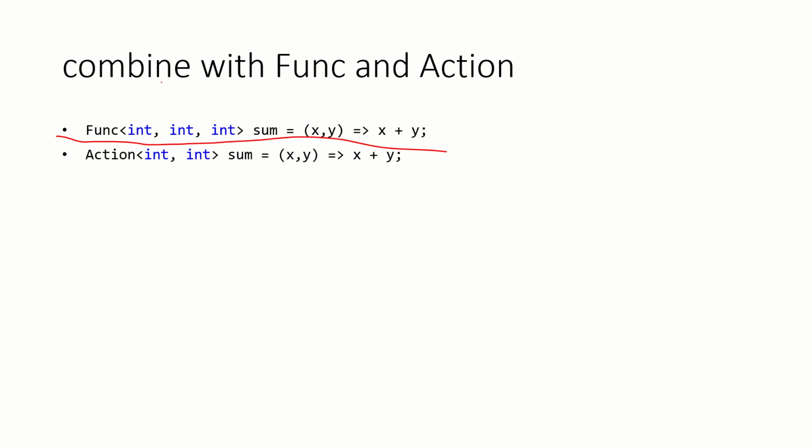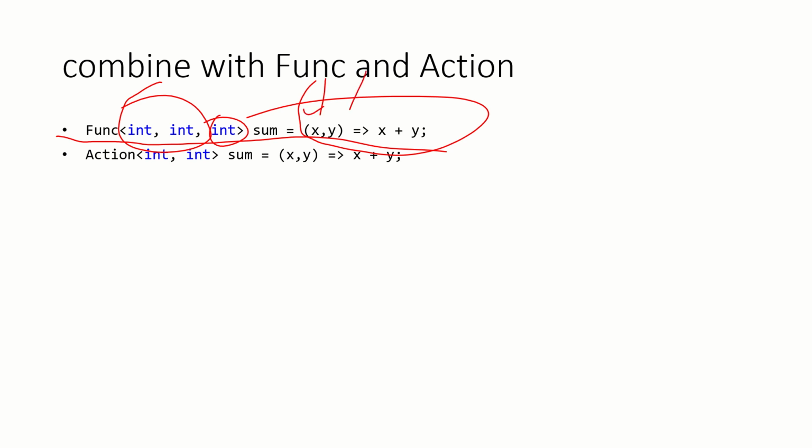Okay, so Func, the first two are the parameters you want to take. The last one is the return type. So in here, first, this is an anonymous method using the lambda expression, right?